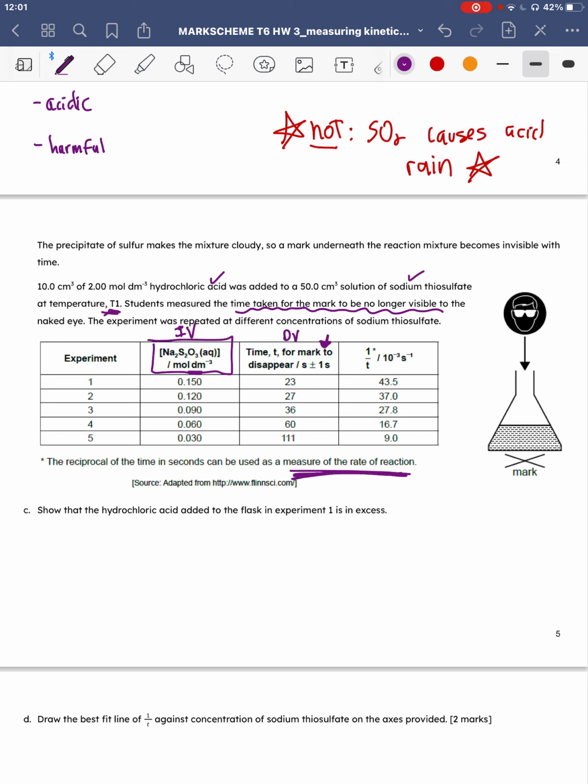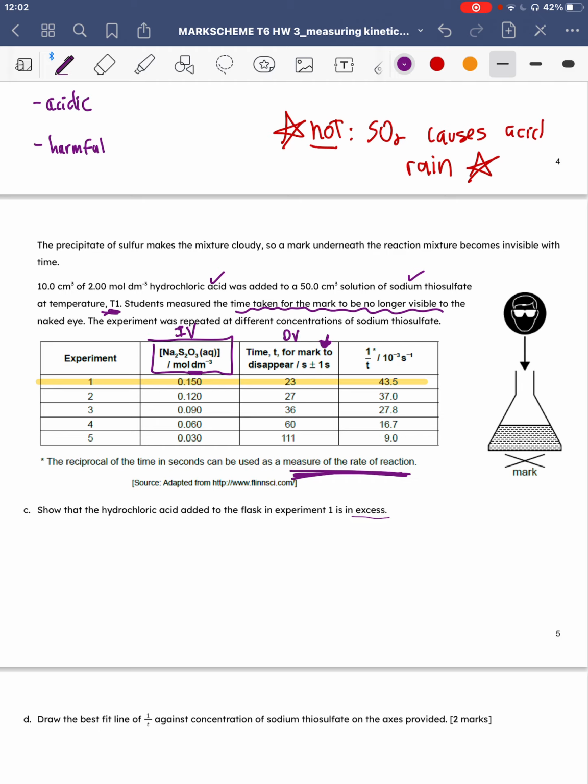All right, so step one was just show that hydrochloric acid added to the flask was in excess. This is just pretty simple stoichiometry at this point. So I'm looking at experiment one. I just need to show that hydrochloric acid was in excess.